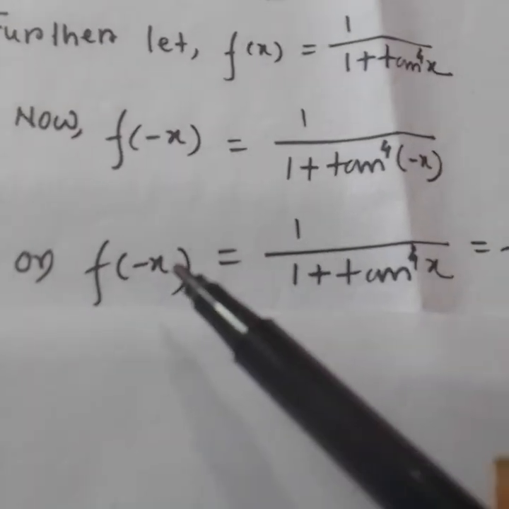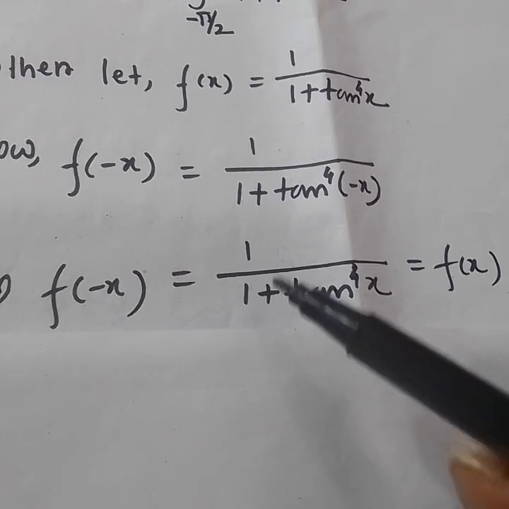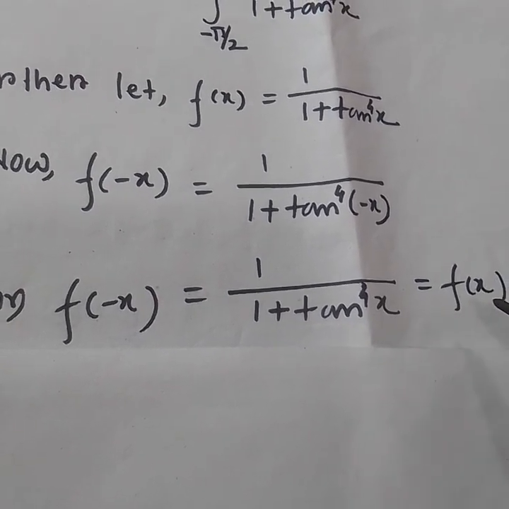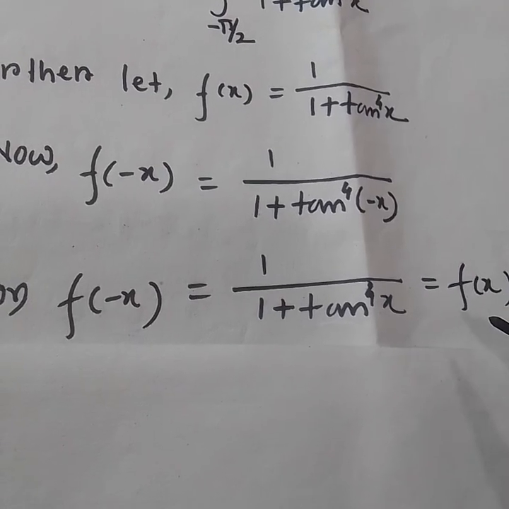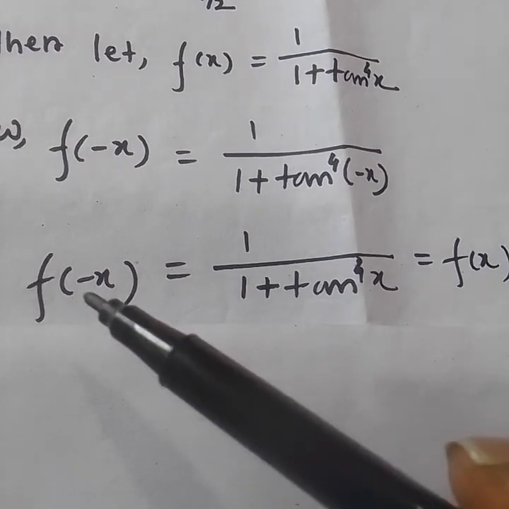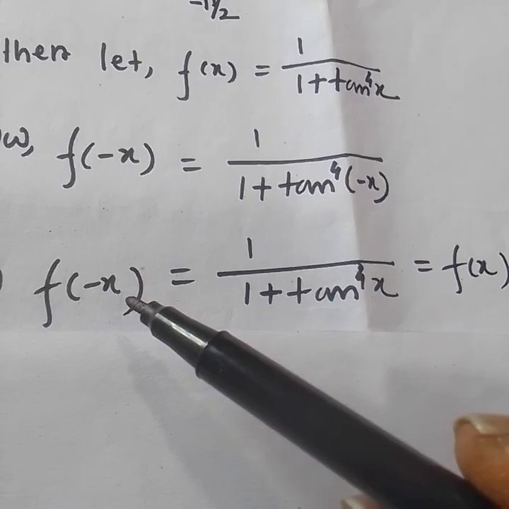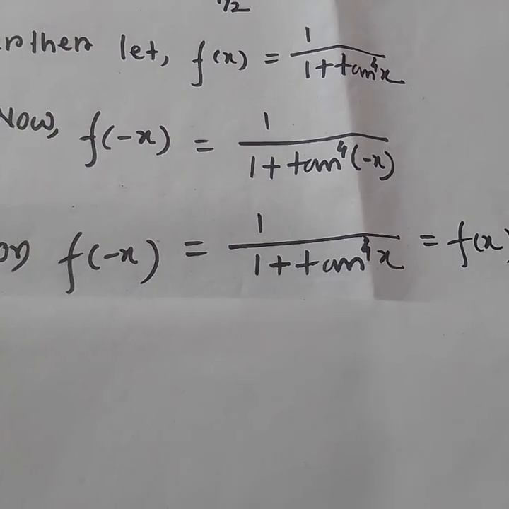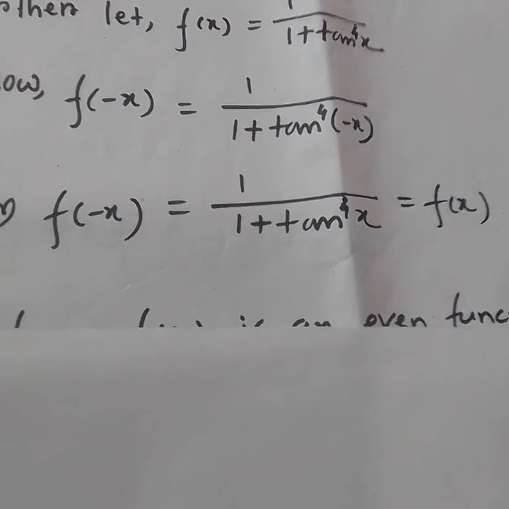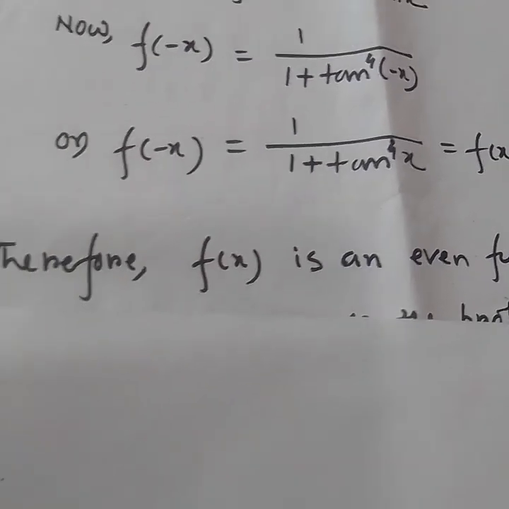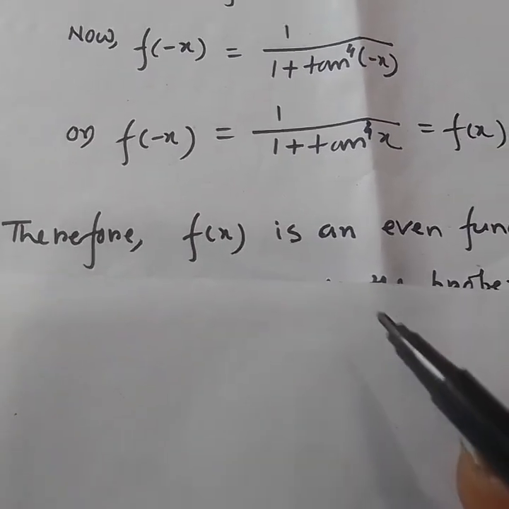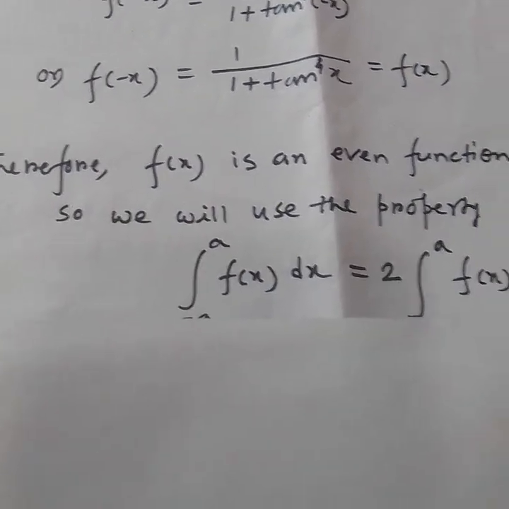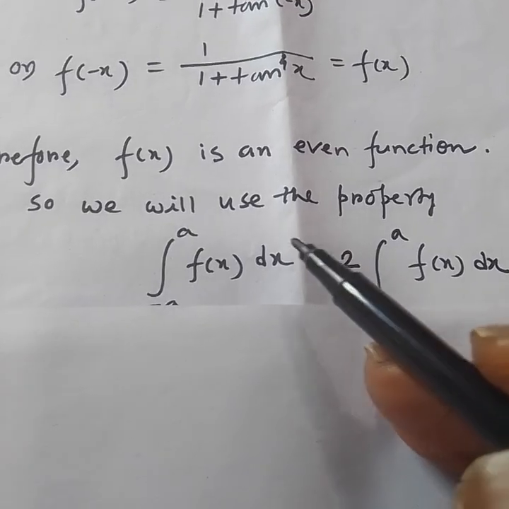So we get f(minus x) equals 1 by 1 plus 10 to the power 4x, which becomes identical with f(x). Since f(minus x) is equal to f(x), we can definitely say that f(x) is an even function, and so we will use the basic property of definite integral.